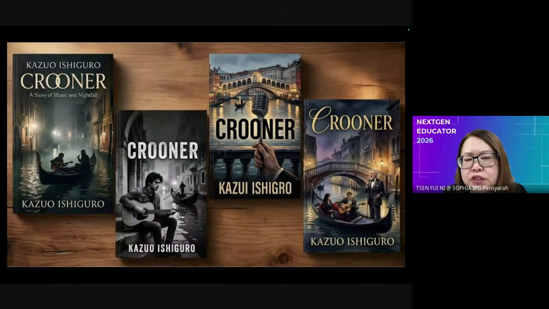You need to be more diligent and perhaps more specific in your prompt, or generate one picture at a time. Or perhaps you really love the cover, so you delete the whole name Kazui Ishiguro, then go into Canva and select your own text and put it there. So you need to do a bit of work.